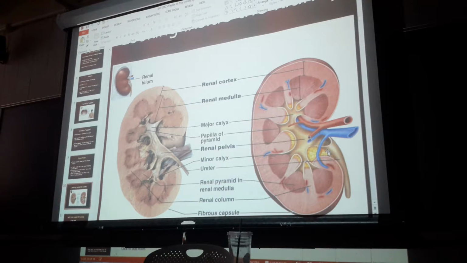So if the stones are too big to pass on their own, then they'll come in and they'll do ultrasound, which is lithotripsy, and they'll just ultrasonically blast them. So it blasts them, and it breaks it up into little fragments, and then they're easier to pass. It feels like beep, beep, beep, beep, kind of thing.